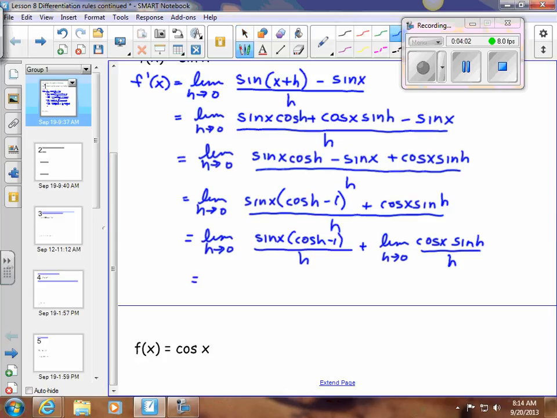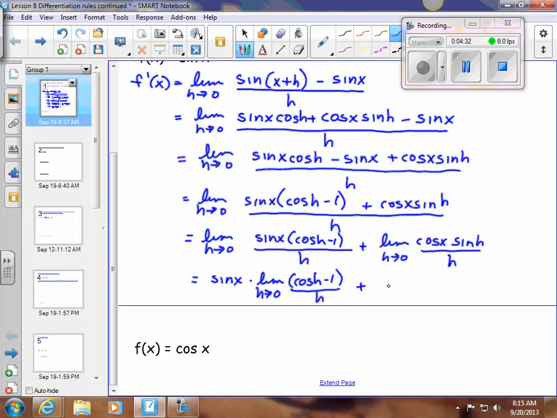Well, if we're finding the limit as h approaches 0, sine of x is a coefficient. So is cosine of x. So I can factor out sine of x and multiply that by the limit as h approaches 0 of cosine h minus 1 all divided by h.